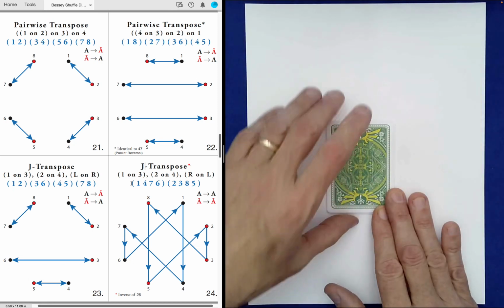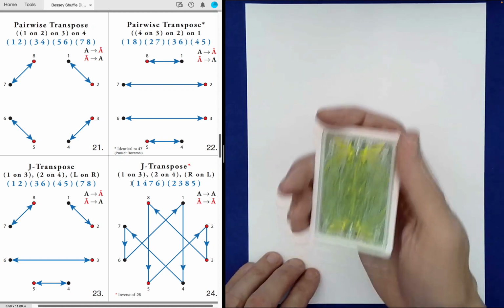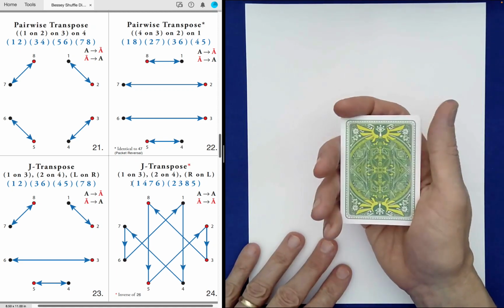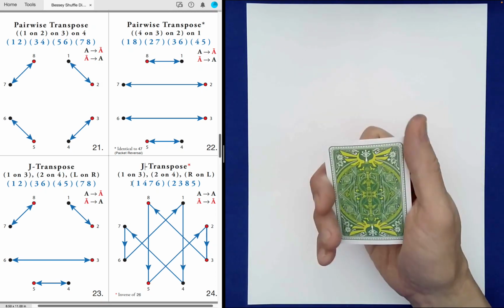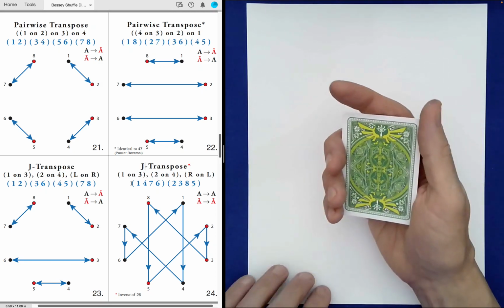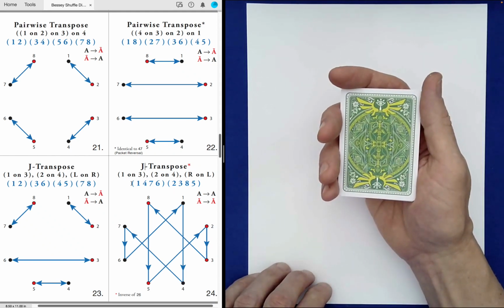So in that way, this packet truly is impervious or unharmed by all of the shuffles that we will show you in this series. Mathematically, we would say it's invariant, and to be super precise, it's invariant up to inversion.